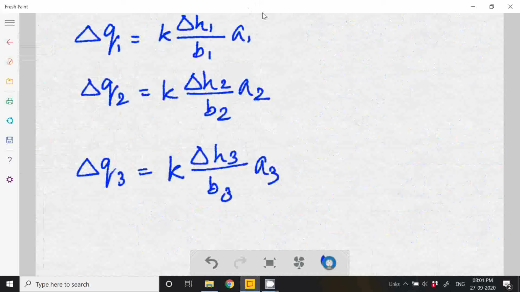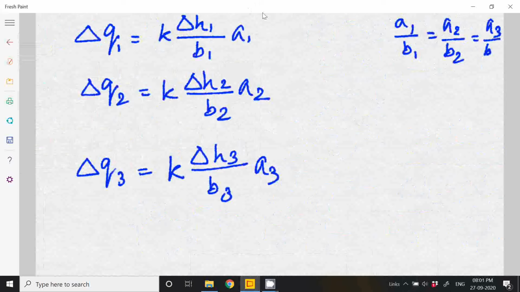A1 by B1, we know that A1 by B1 is equal to A2 by B2 is equal to A3 by B3 is equal to 1. So we can cancel it out, isn't it? So what do we get?